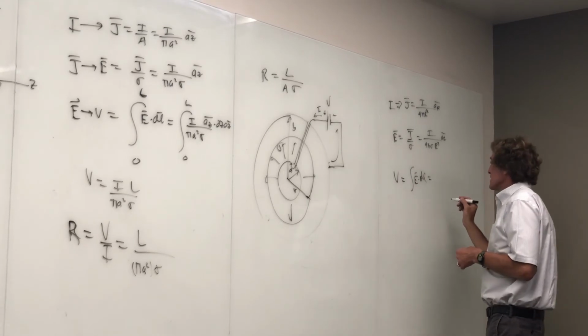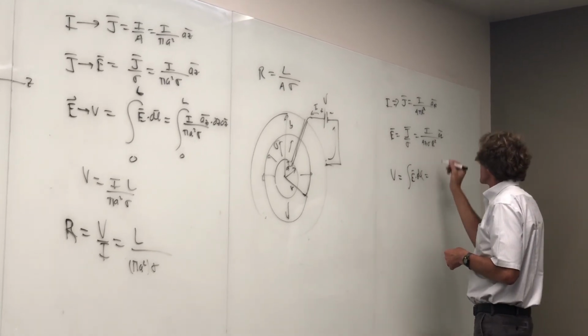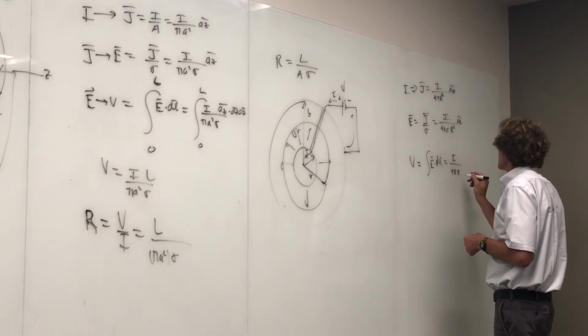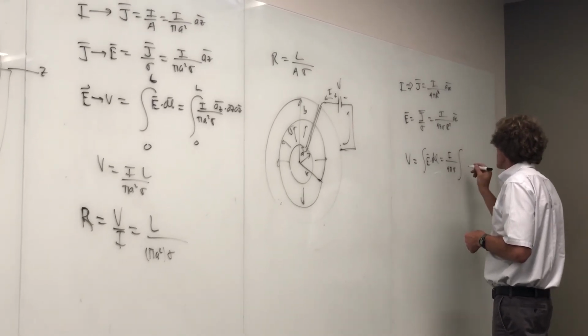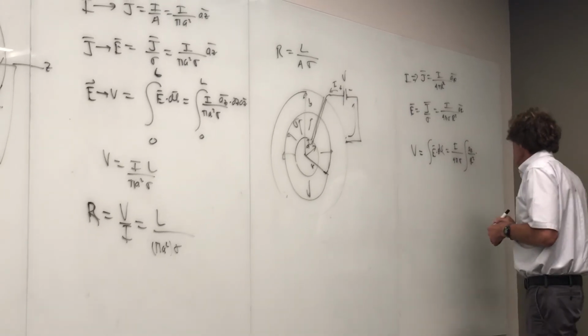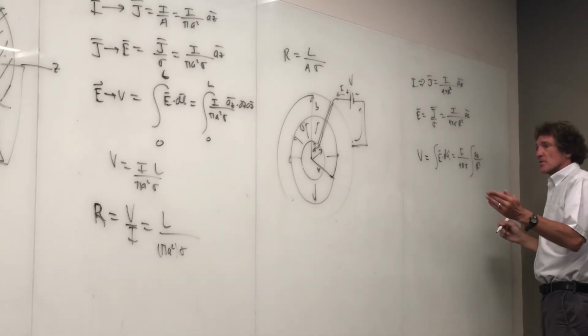And in this case, it's going to be the integral of this, and I'll take the I over 4 pi sigma out in front, and then it's the integral of a_R over R squared, times a differential length, right?